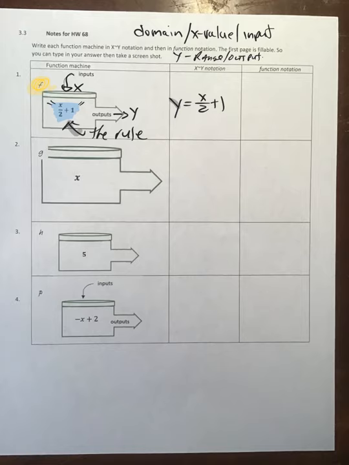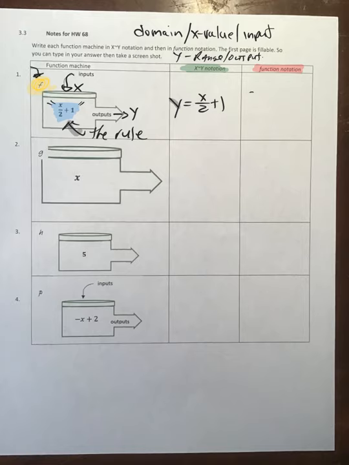Now we're using what's called function notation. That is known as, for lack of a better term, XY notation, where you're just using the X and the Y. We want you to start learning what we call function notation, which is just the same thing. It's just a fancier way of writing it. So instead of writing Y for the output, we're going to say this is the F machine, because this is the machine that we're using.